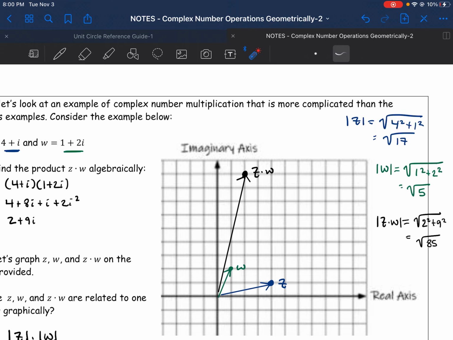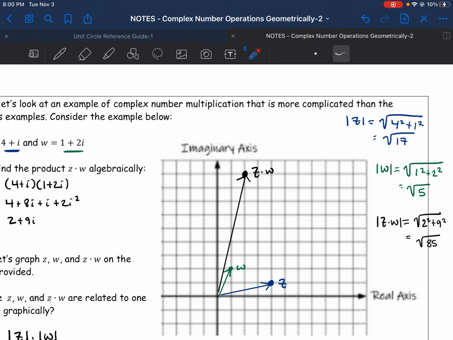Add it together, take the square root. So the modulus of z turns out to be the square root of 17. The modulus of w, doing the same thing here, real part squared plus imaginary part squared, add it together, take the square root. We get the modulus of w is the square root of 5.